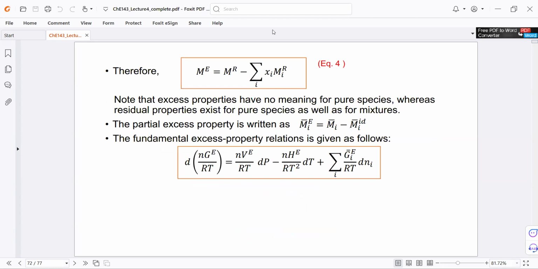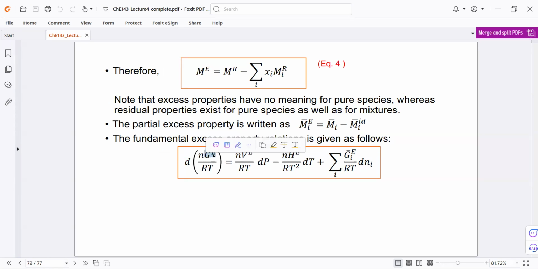And remember, we have this generating function. I still hope that you recall this generating function from the previous lectures. So from here, we express the generating function of the Gibbs free energy in terms of excess property.